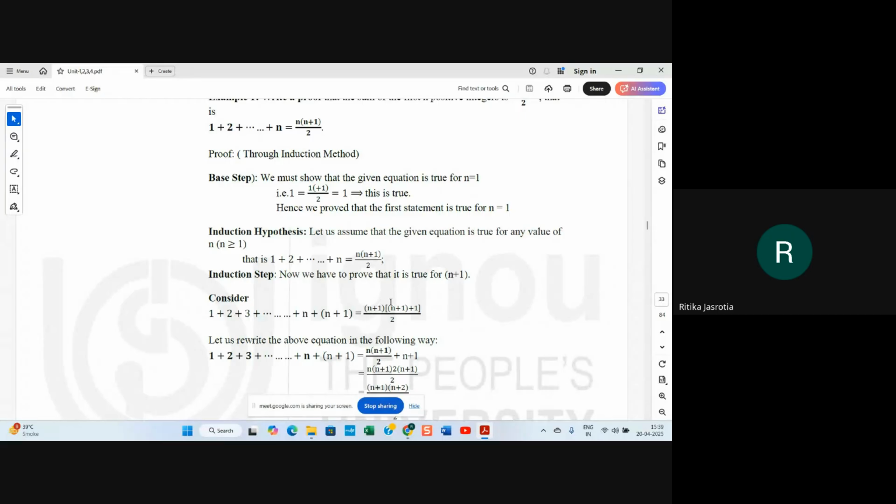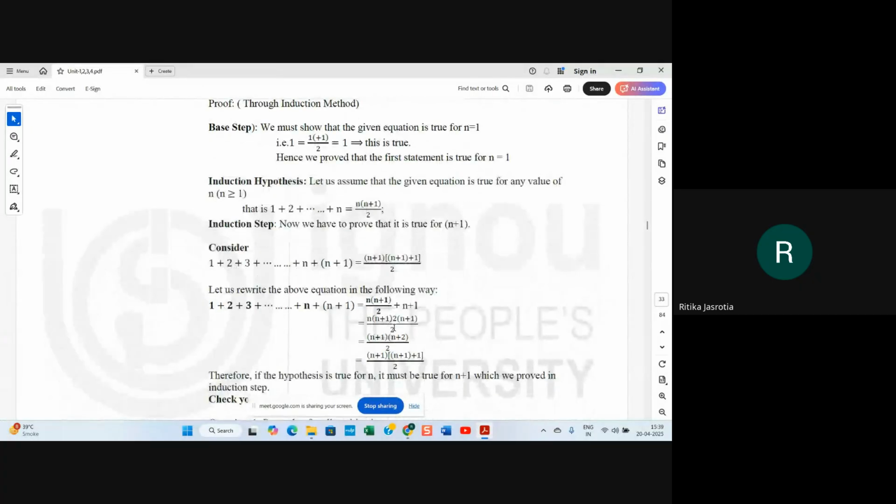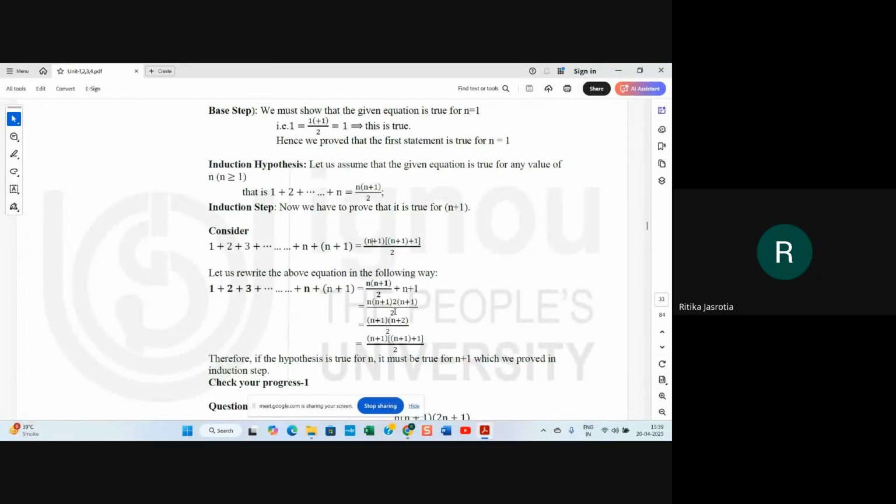So n plus 1 into n plus 1 plus 1 divided by 2. Let us rewrite the above equation in the following way.